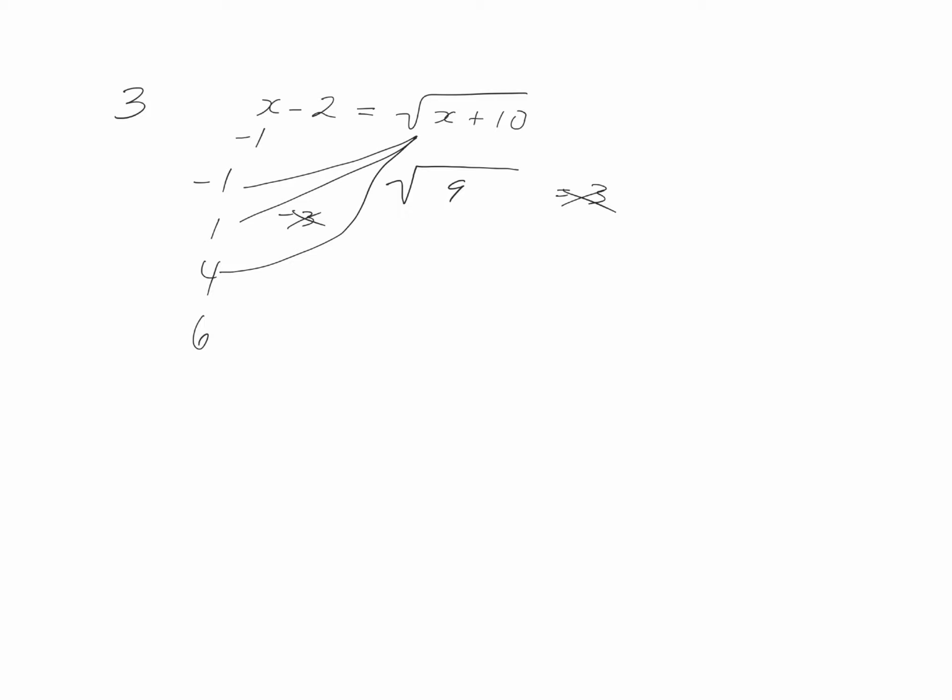If I plug in the 4, same thing. I cannot take the square root. If I plug in the 6, I can take the square root. The square root of 6 plus 10, and then that would equal 6 minus 2. The square root of 16 is 4, and so that works, and so the answer is 4. And that is C.